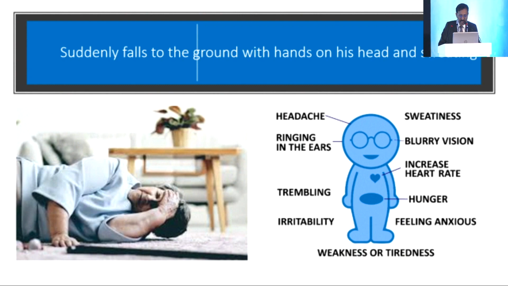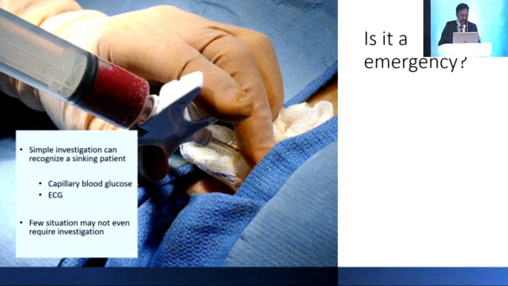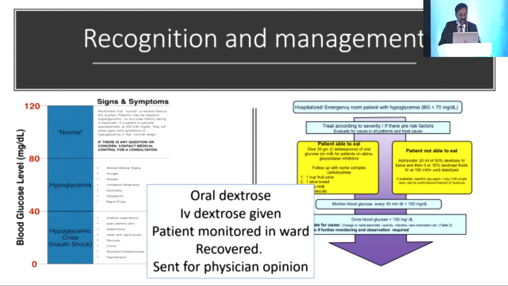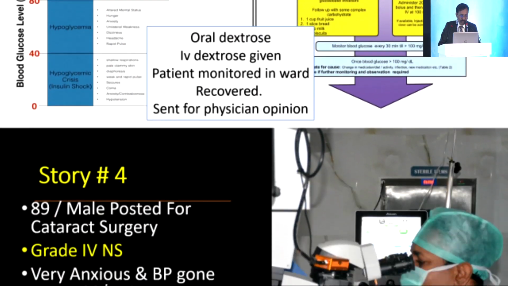Since we know that the patient is a diabetic, we did a CBG, capillary blood glucose, and took an ECG as well, and stabilized the patient while monitoring the vitals. The blood sugar was 62 milligrams, and so oral dextrose, IV dextrose, and glucose in all forms was given. Patient monitored in the ward, recovered, and then sent to the physician for opinion and follow-up.